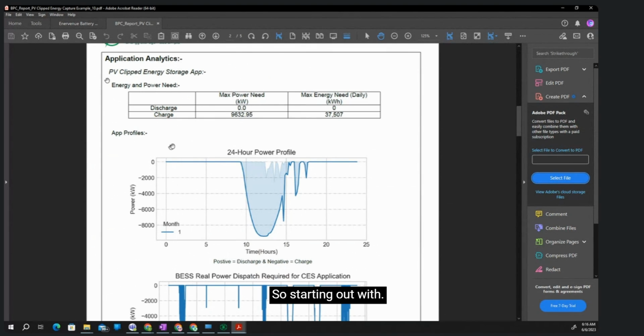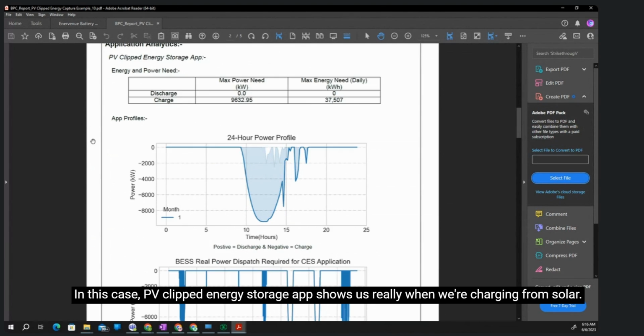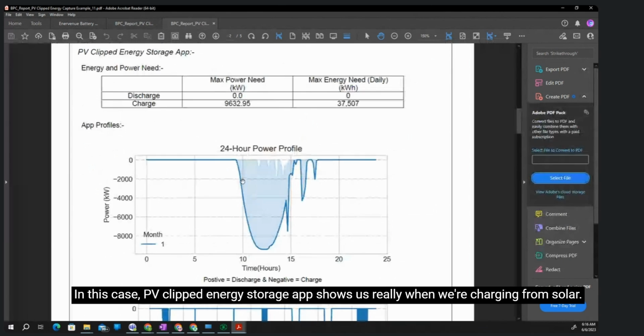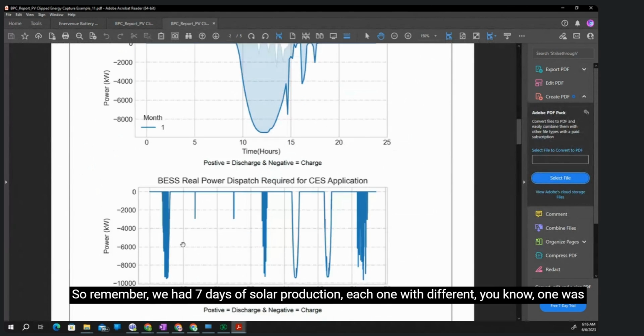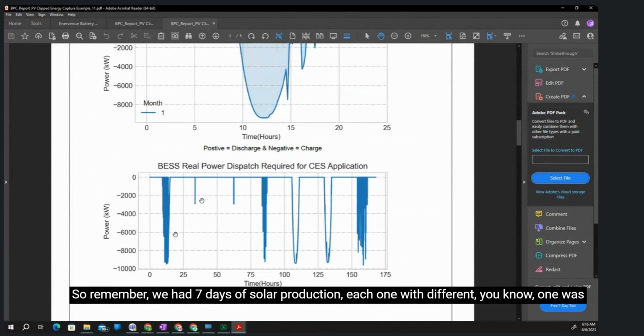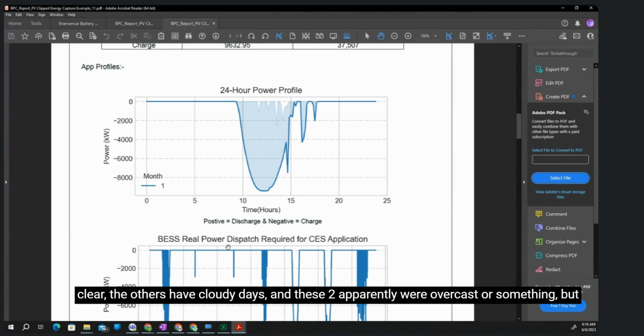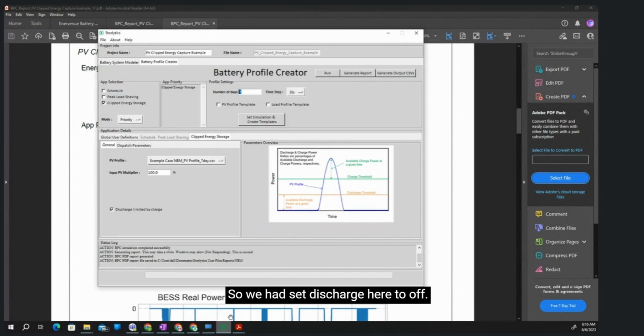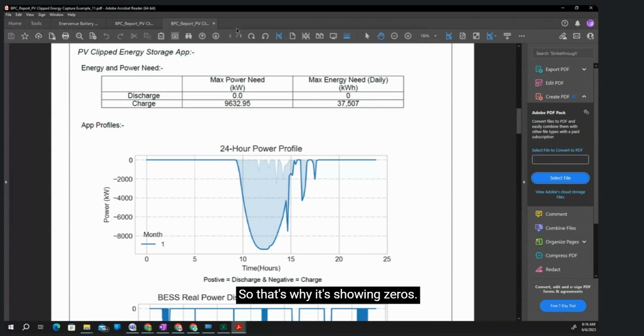Starting out with PV clipped energy storage app, it shows us when we're charging from solar. Remember, we had 7 days of solar production, one was clear, the others had cloudy days, and these two apparently were overcast or something. But it gives you the maximum charge power and energy, and maximum discharge. We had set discharge here to off, so that's why it's showing zeros.